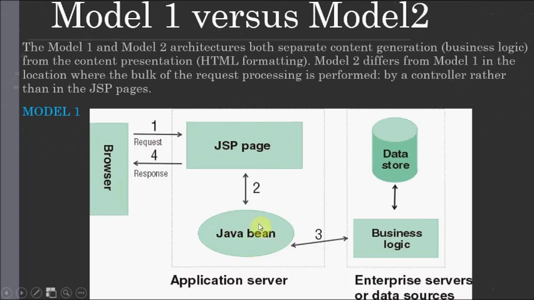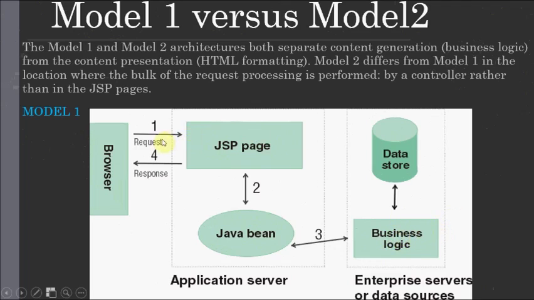Then, according to these instructions or this request, the Java bean accesses data from the business logic. Business logic contains lots of definitions, lots of methods like get ID, get roll number, get name. So if the browser requests get name, then the Java bean only invokes the get name method of the business logic, not get ID or get password.